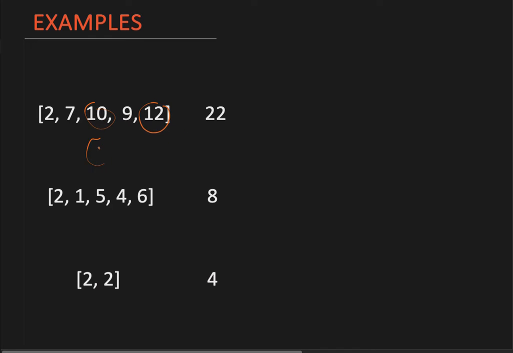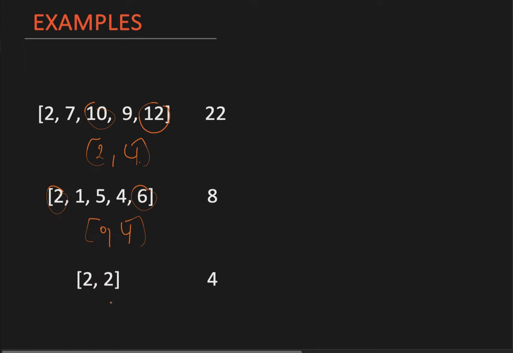The index of 10 is 2, the index of 12 is 4. For the second example, we have 2, 1, 5, 4, 6 in our array and the target is 8. The answer here is 6 and 2 because 6 plus 2 is equal to 8. But we need to return their indices. The index of 2 is 0, the index of 6 is 4.